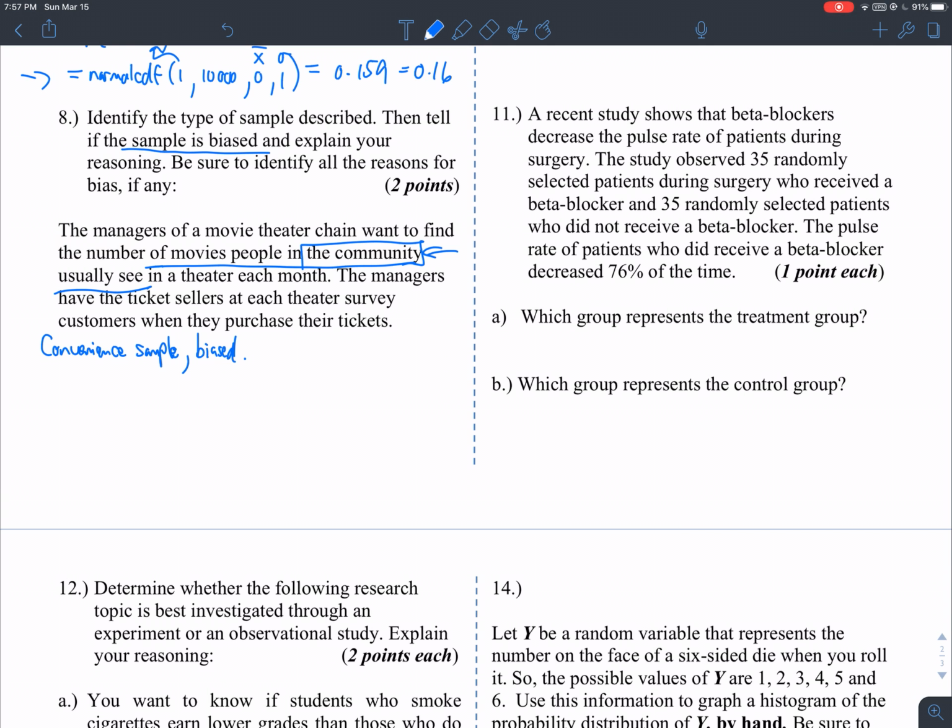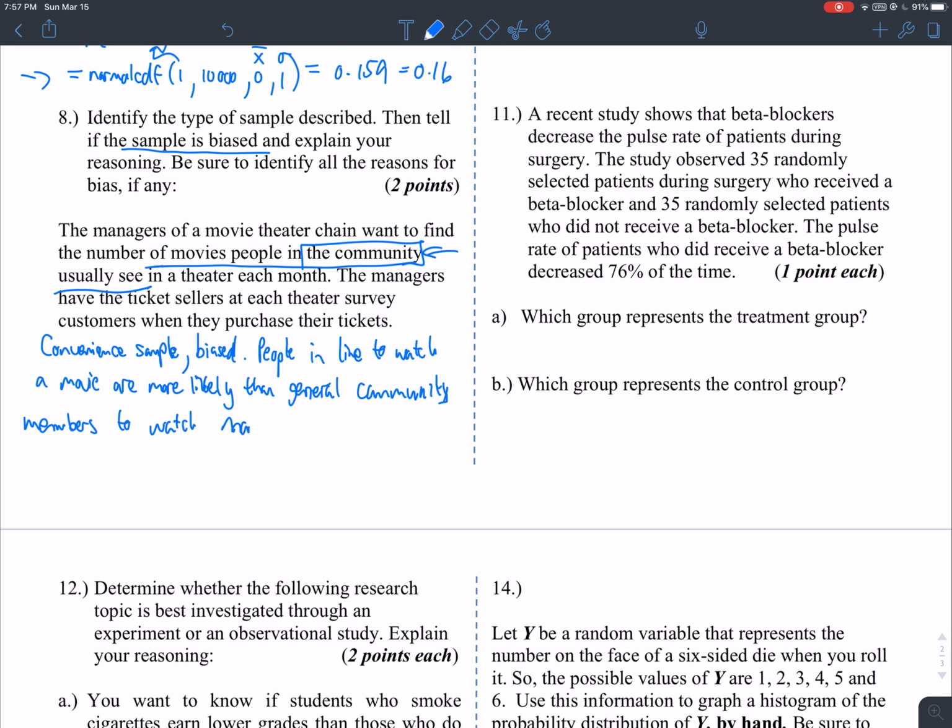So you say something like, this is what I wrote on the answer key, people in line to watch a movie are more likely than others to watch movies. Okay, are more likely than general, let's say, community members to watch movies.